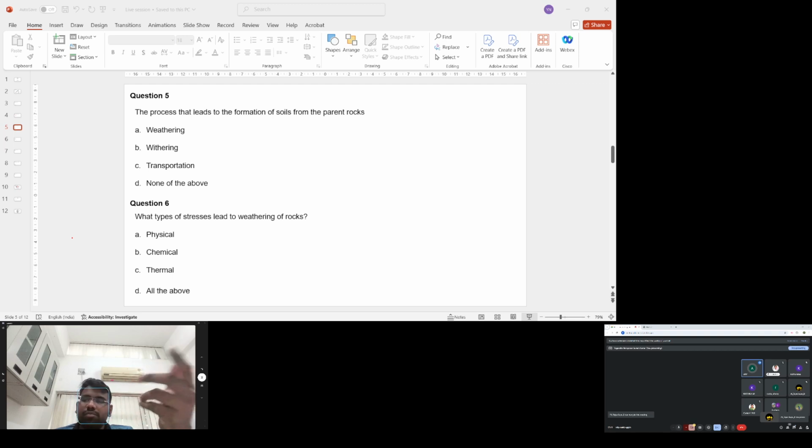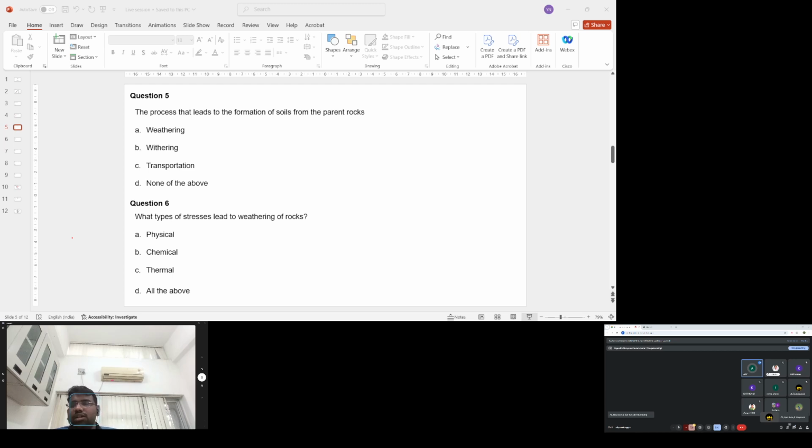The increase in temperature causes expansion, and the decrease in temperature causes contraction. This cycle of expansion and contraction will lead to the disintegration of rocks.